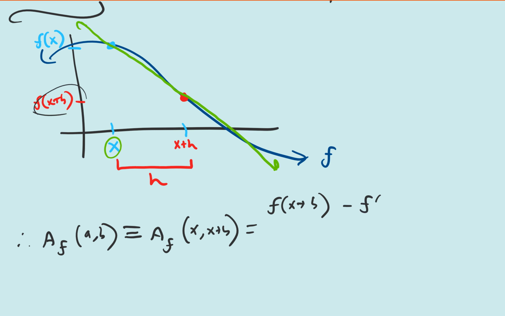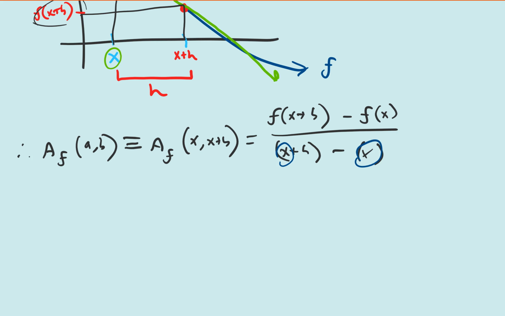Notice that some things do simplify here, namely these x's in the bottom. So we get that the average rate of change of the function is equal to f of x plus h minus f of x, all divided by h.